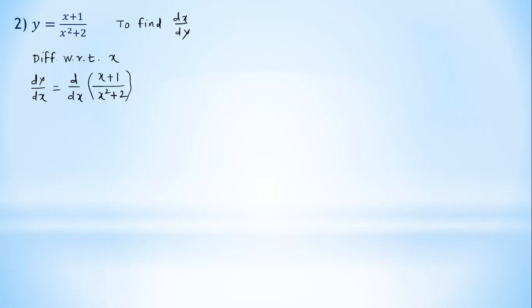Now how will you get the derivative of x plus 1 upon x square plus 2? It is in the form of y is equal to u upon v. If the function is given in the form of y is equal to u upon v, then how will you get the derivative dy by dx?